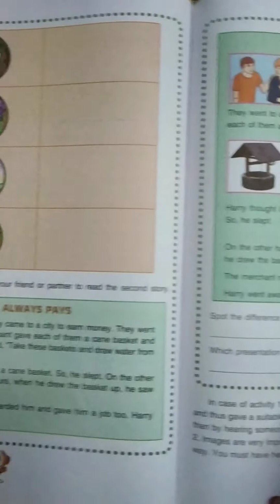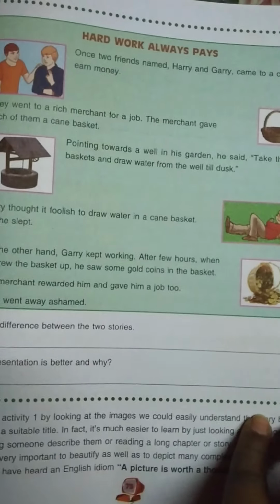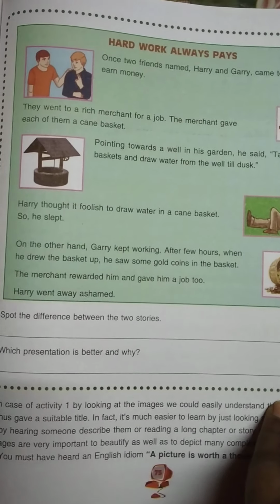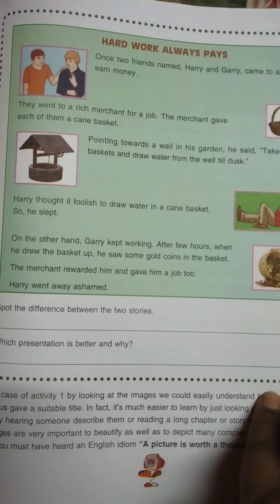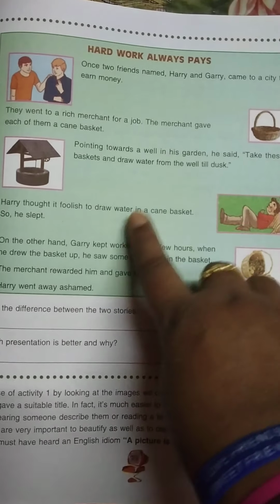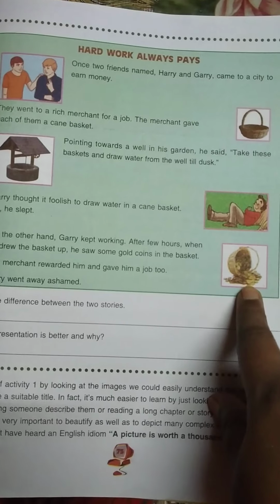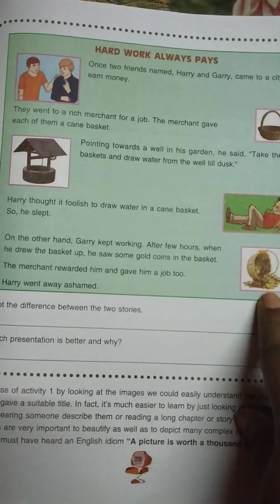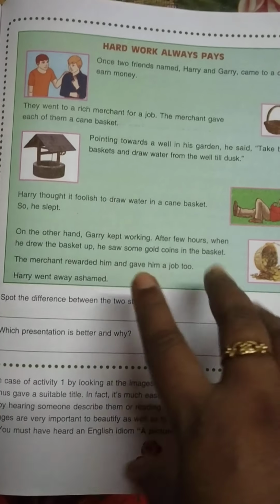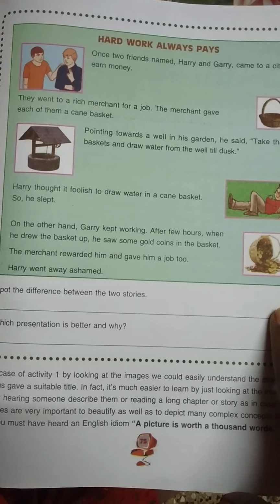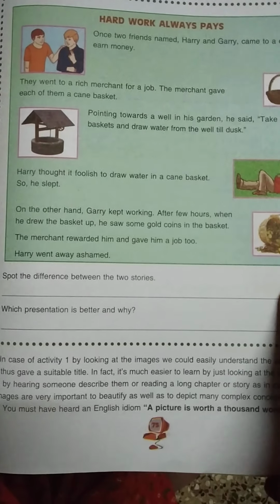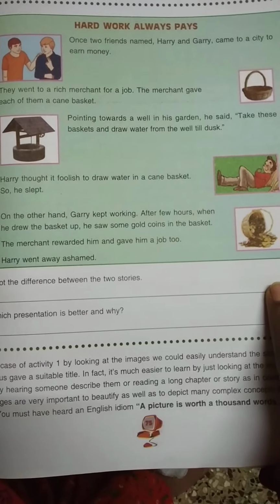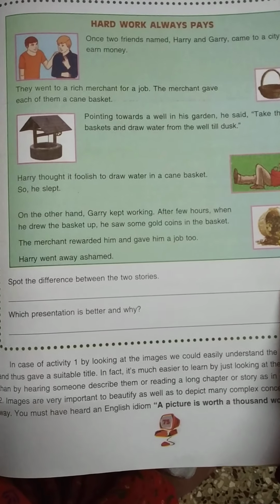Similarly, if I talk about the story of Harry, hard work always pays. You can see how these diagrams or pictures depict how we can narrate. If you are given some pictures and told to narrate a story of your own, seeing the picture you can just tell a story on your own.